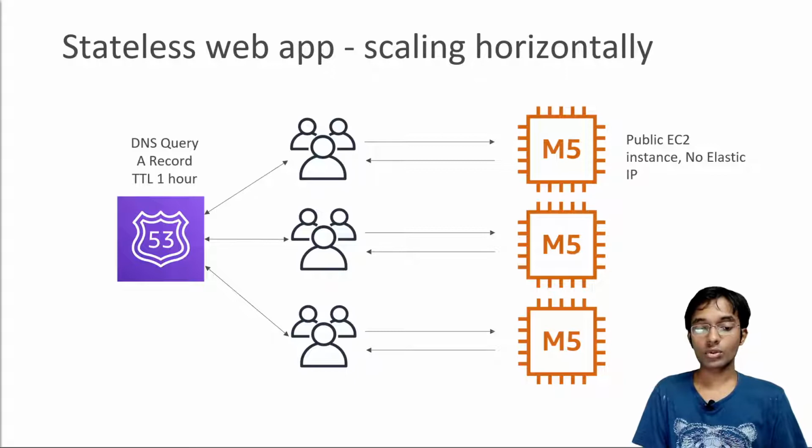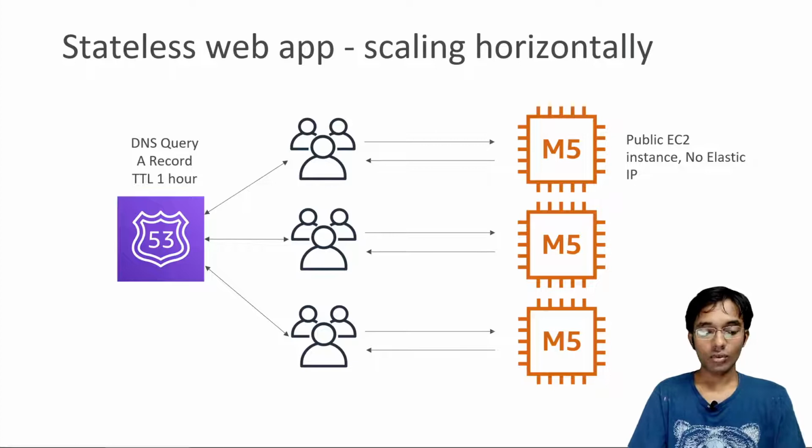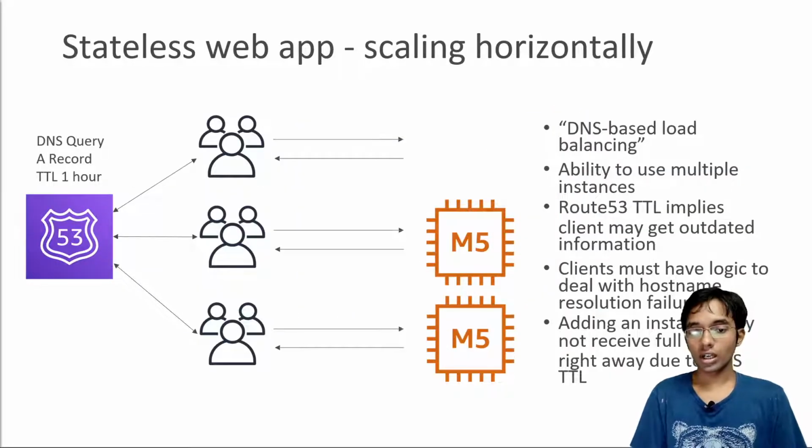The users will perform a DNS query on Route 53, and they will get back an A record, and thanks to this A record, they are able to talk to our EC2 instances. But what happens if one of these EC2 instances is terminated? Some of our users will not be able to reach our application, and that can be a problem. So in this case, we are doing something called DNS-based balancing.